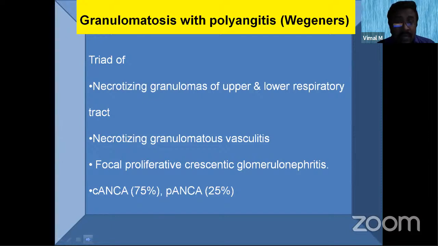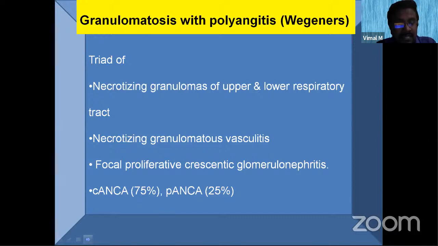The patient can have granulomas in the nasal cavity, in the upper respiratory tract, and even in the lungs. Second, necrotizing granulomatous vasculitis, so that in the vessels also you can get granulomas. And the third feature will be focal proliferative crescentic glomerulonephritis.